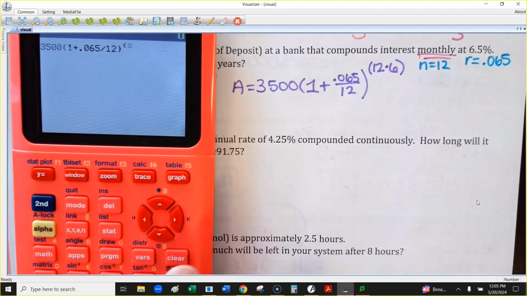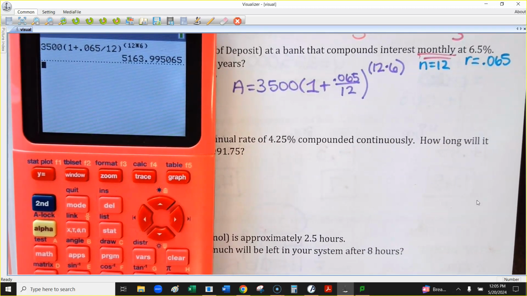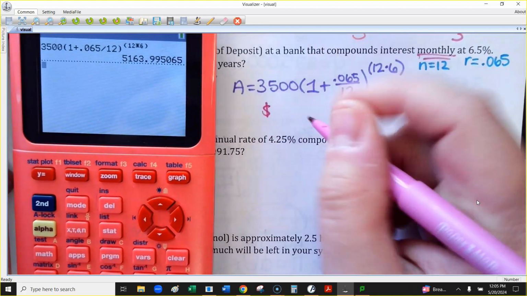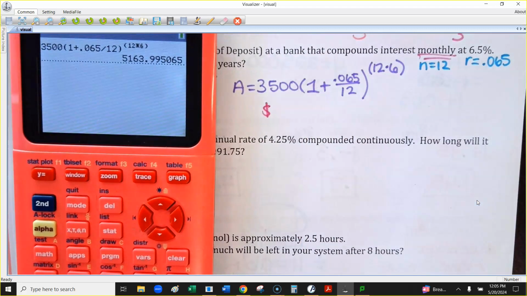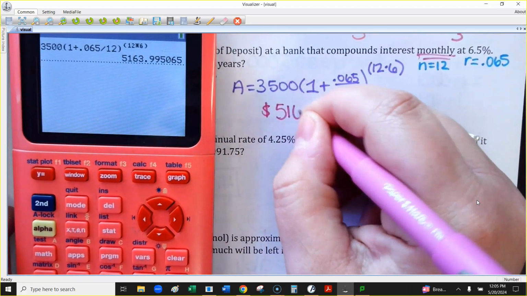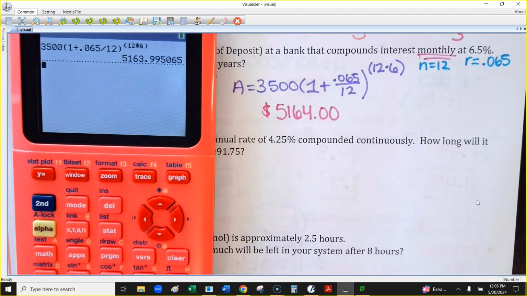And then for my exponent, 12 times 6, either put that in parentheses or you could just type 72. If you're not getting this answer, I will be happy to look at your calculator. And this is money, so I'm going to round to 2 decimal places. That would actually round up to a whole number for this example. It's $5,164 even would be what that would round to.